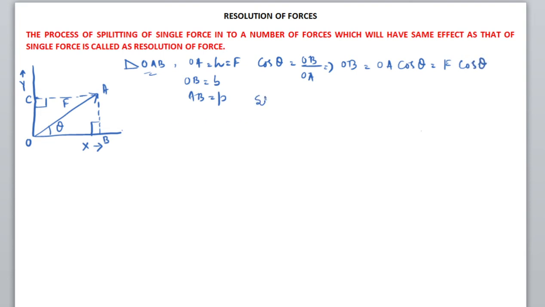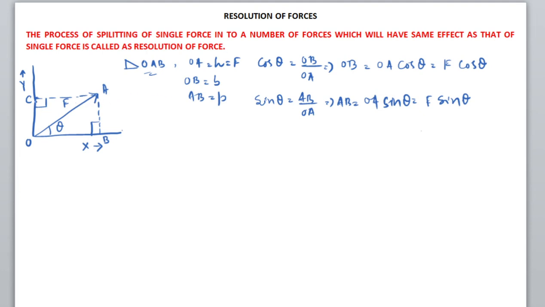Similarly, sin theta is perpendicular by hypotenuse, that is AB by OA. So AB is equal to OA sin theta. So easily I can say F sin theta.